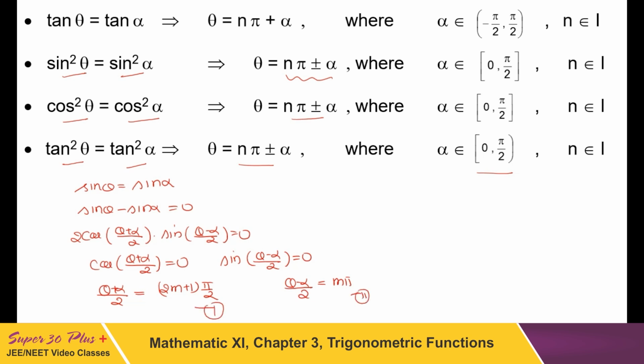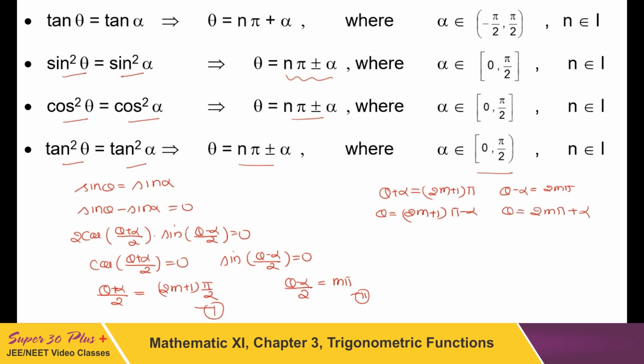We can find theta plus alpha is equal to 2m plus 1 pi, and here theta minus alpha is equal to 2m pi. Now simplify it. Theta is equal to 2m plus 1 pi minus alpha, and here theta is equal to 2m pi plus alpha.